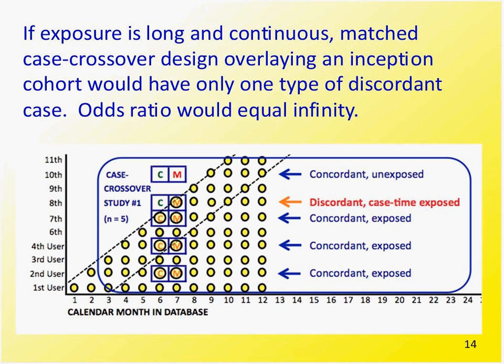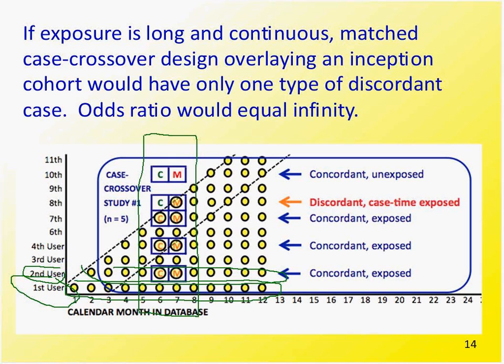So here you see a whole bunch of people: there's the first user to start using the medication, and they use it continuously. There's the second user, they use it continuously, and so on. Crossover analysis among people who had heart attacks, M referring to the MI, and this person would be concordant unexposed.